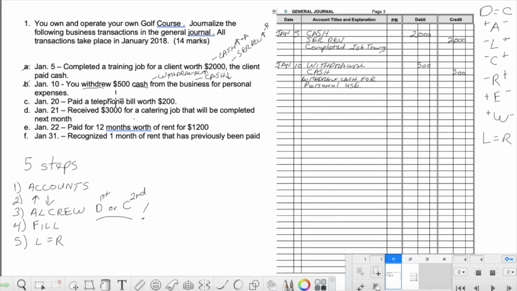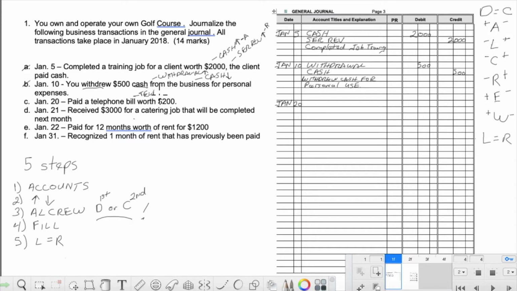January 20th. All right, so on January 20th, what happened? Paid a telephone bill worth $200. Okay, so which accounts get affected? If it's a telephone bill, it's an expense.